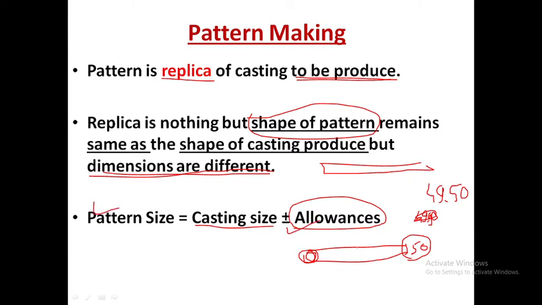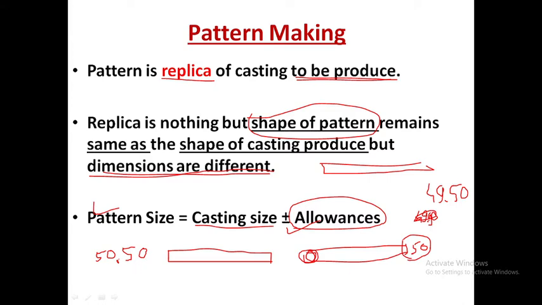That means if our required size is 50, we make the pattern with a diameter of 50.50. In real life this allowance is much less, it may be around 0.01, 0.2, or 0.5, but for the sake of understanding we are considering the higher side.